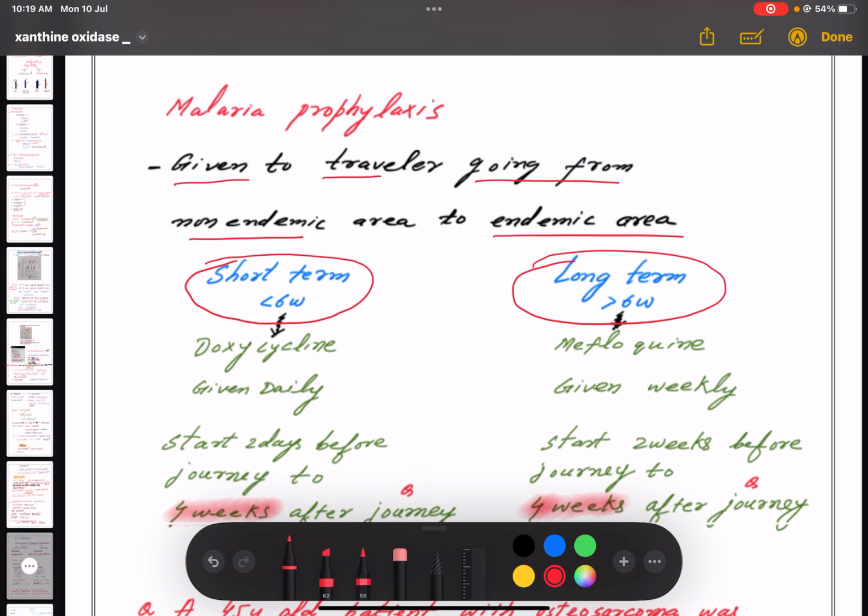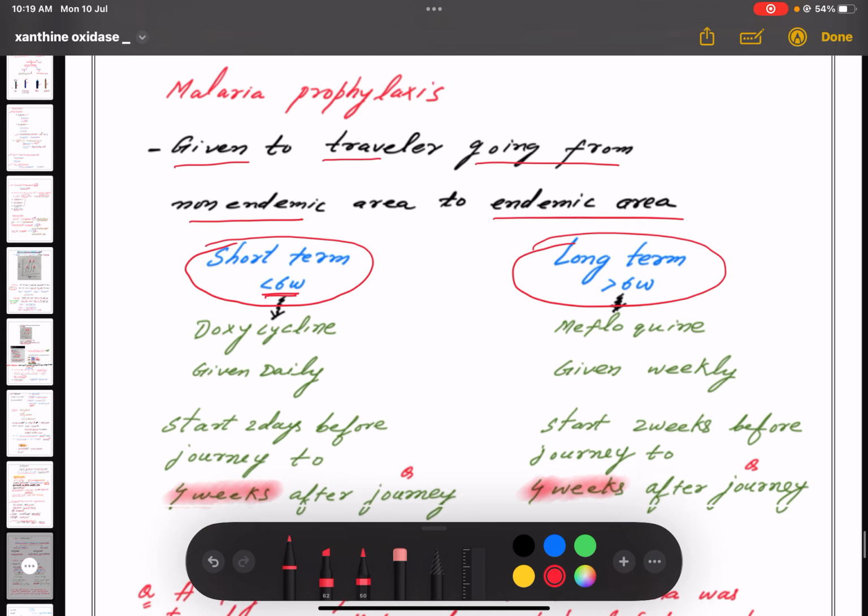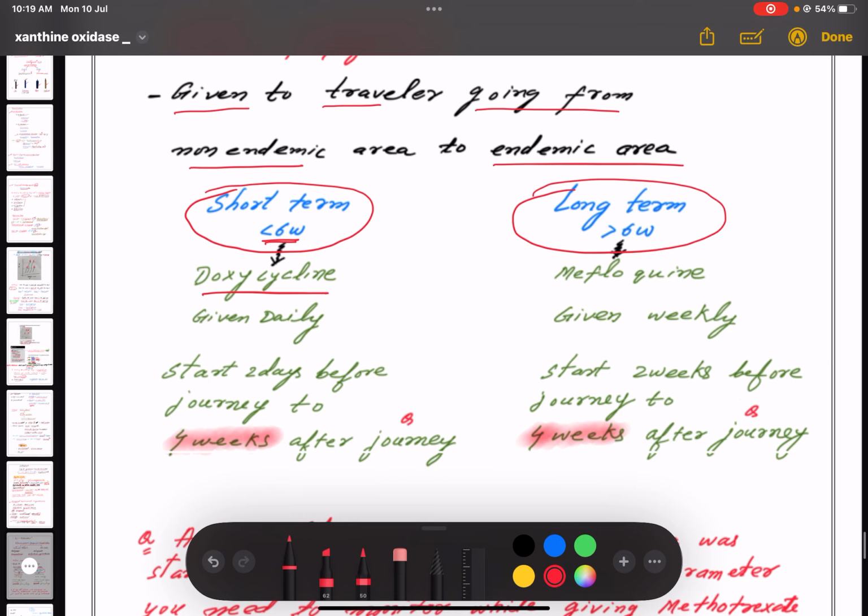If a person is going to endemic area for less than 6 weeks, then we have to give doxycycline, which is given daily, and we have to start it 2 days before journey to 4 weeks after journey.